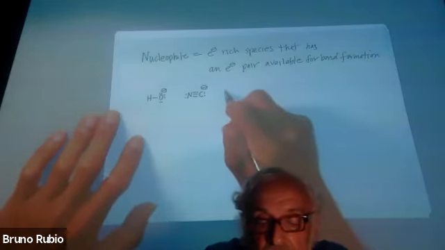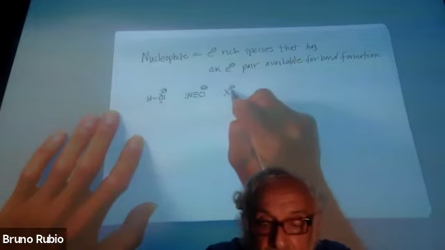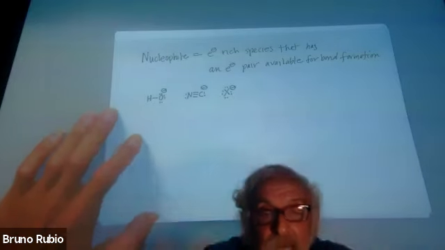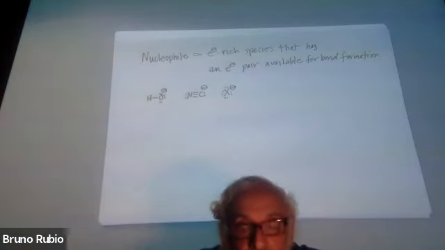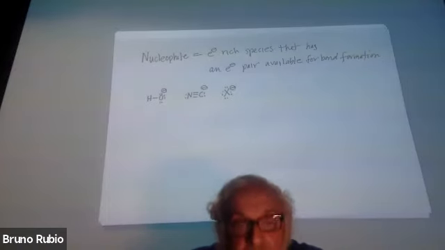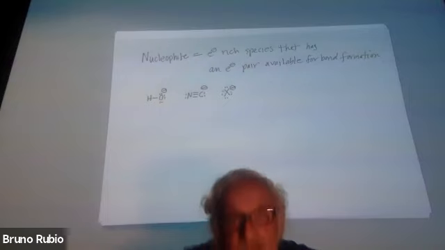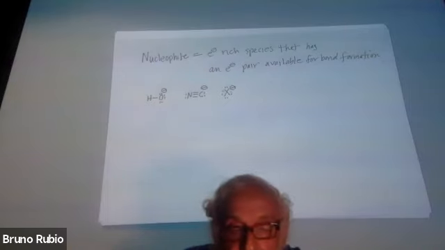Another example of a nucleophile could be fluoride, chloride, bromide, or iodide. Right, that's also a nucleophile. It has a negative charge. It has electron pairs that it can use to make bonds to something else.